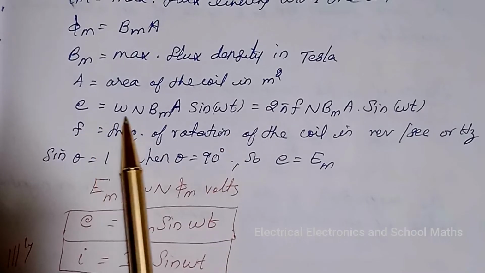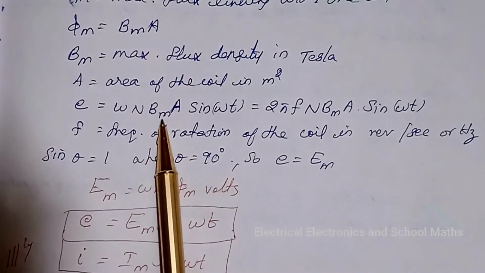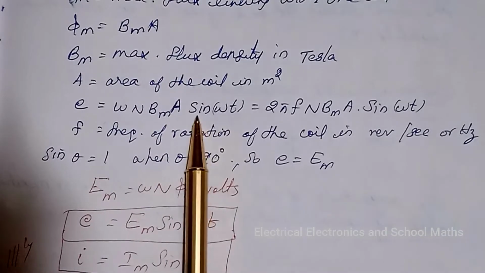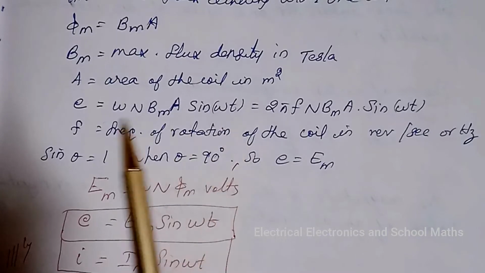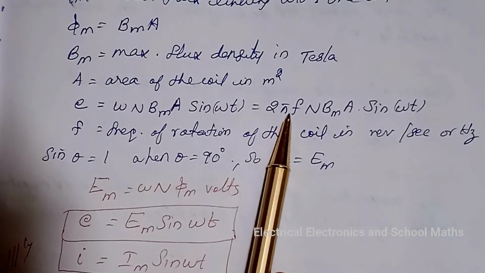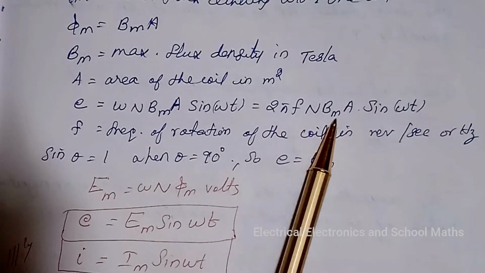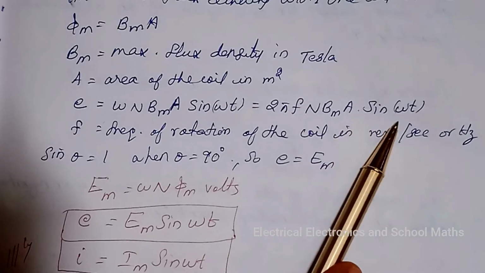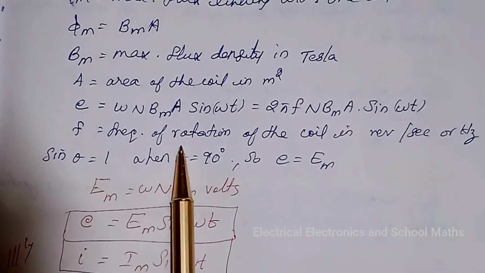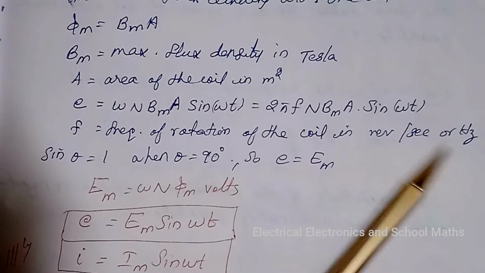Then e is equal to omega n phi m, that is Bm A sine omega t, and we know the angular velocity omega is 2 pi f. So we can write the equation 2 pi f n Bm A sine omega t, where f is the frequency of rotation of the coil in revolutions per second or hertz.